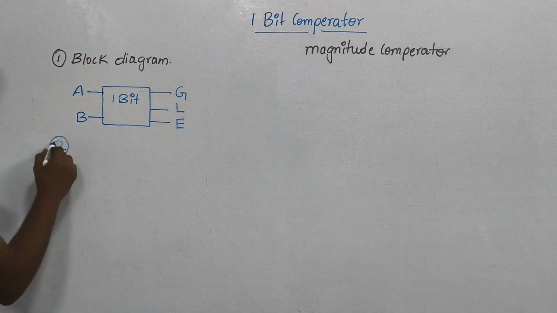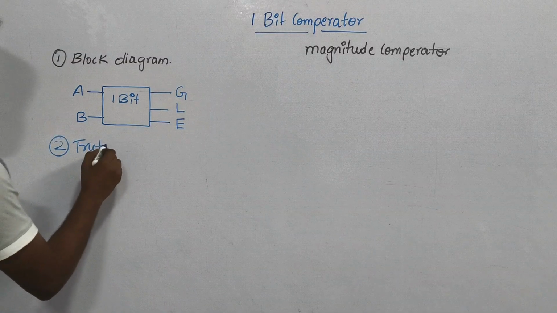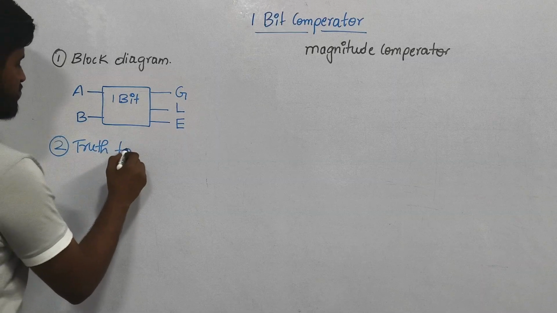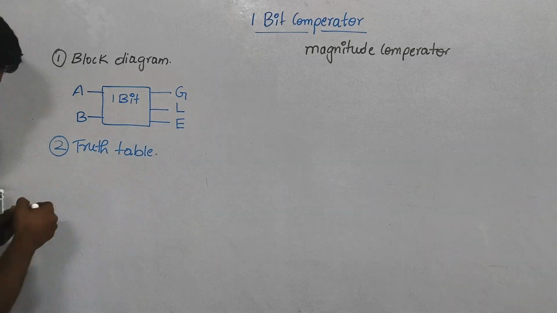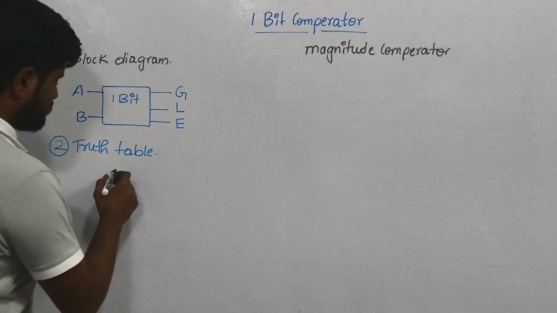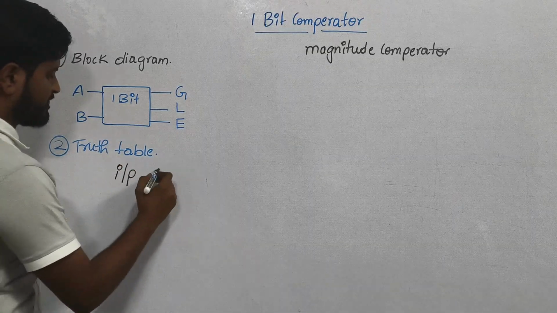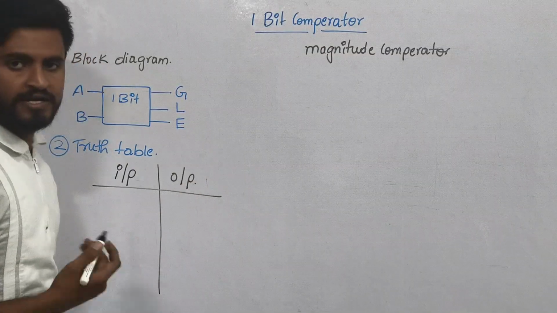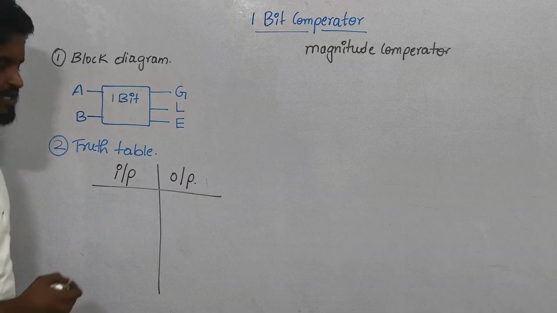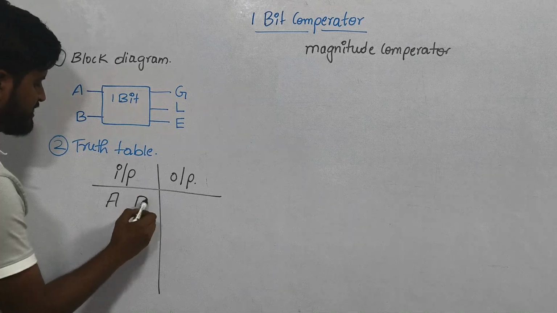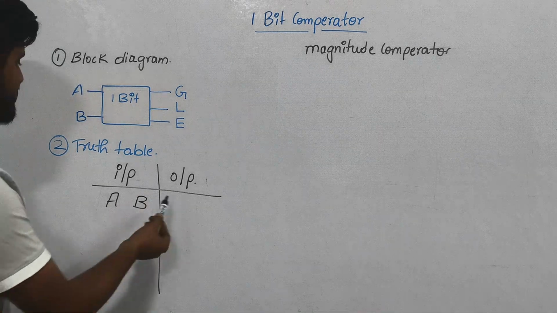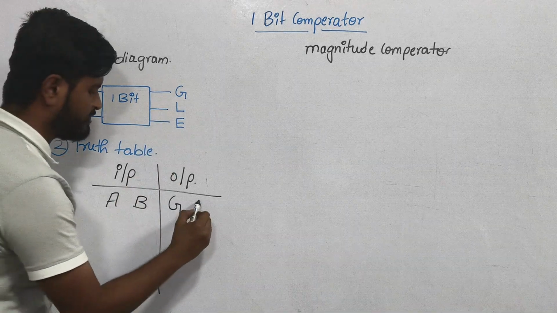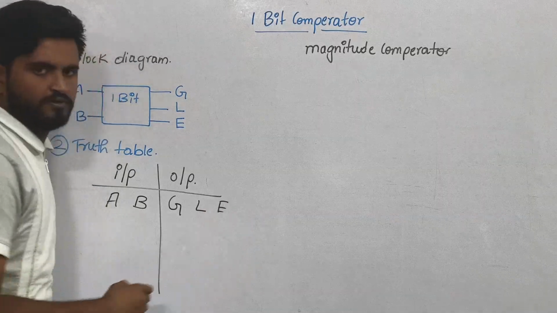Now let's write the truth table for the given inputs and outputs. In the truth table, we write all the possible conditions of inputs and the outputs that we get in this circuit. On the input side we have A and B, and in the outputs we have greater, less, and equal.